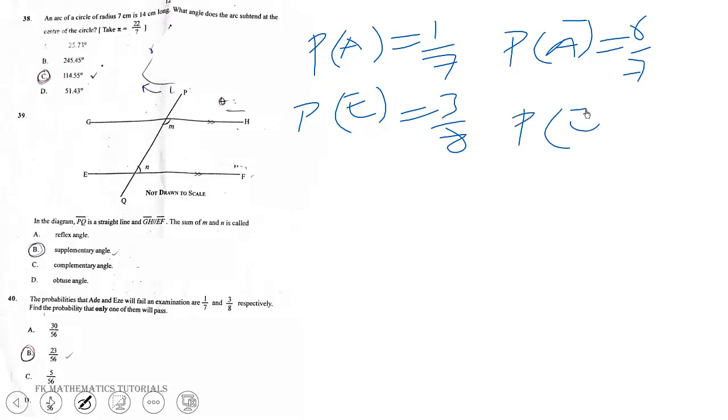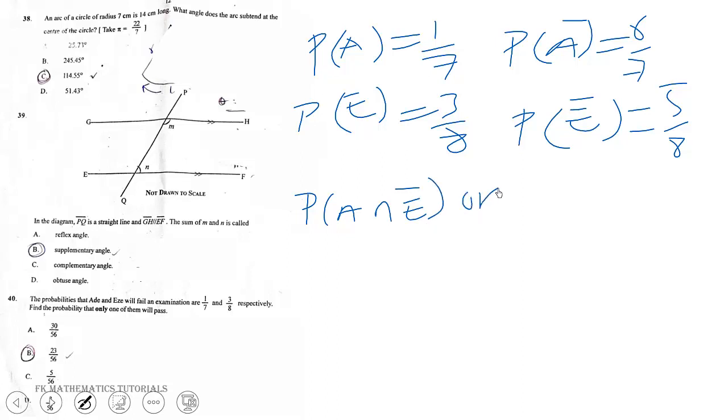Probability that Az will not fail is 5 over 8. So if only one of them fails, either Ade fails and Az did not fail, or either Ade did not fail and Az failed.